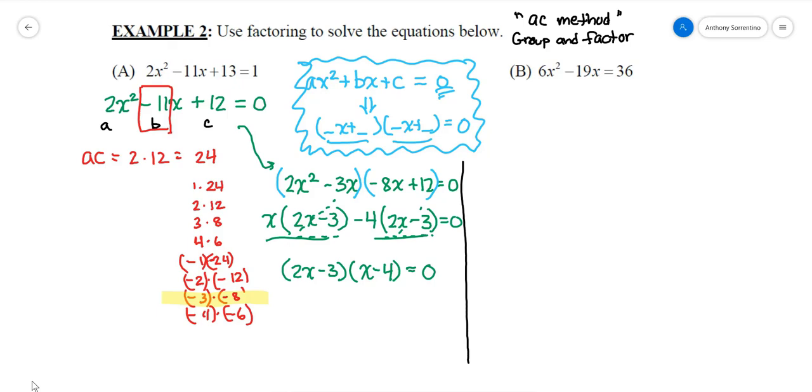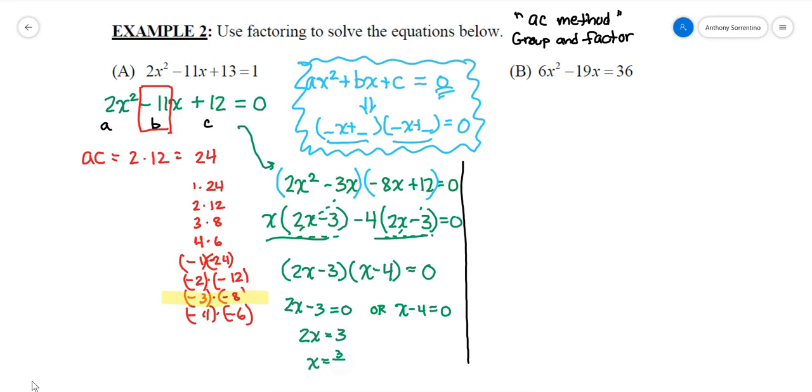Well, the product of those 2 binomial quantities equals 0. So for that to happen, by the zero product property again, 2x minus 3 has to equal 0, or x minus 4 has to equal 0. So now I have really simplistic linear equations to solve. I would add 3 to both sides of the first one, and then divide by 2.